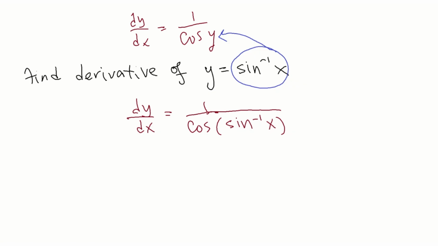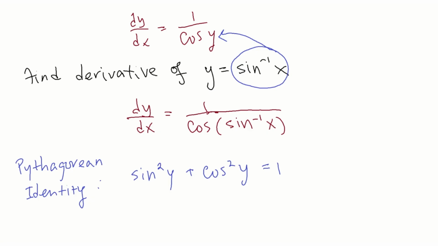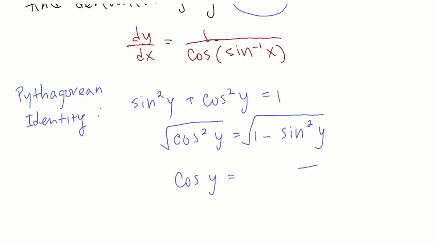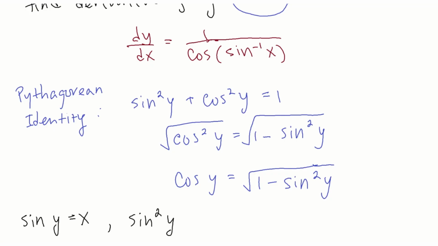One way we can clean this up is to use the Pythagorean identity. Solving for cosine gives us the square root of 1 minus sine squared. And since we started with sine y equals x, then sine squared y is just x squared.